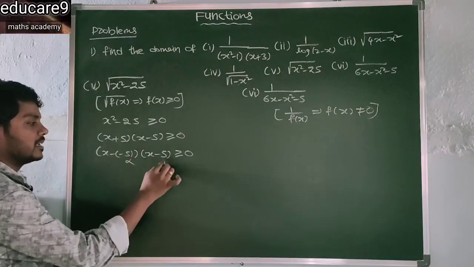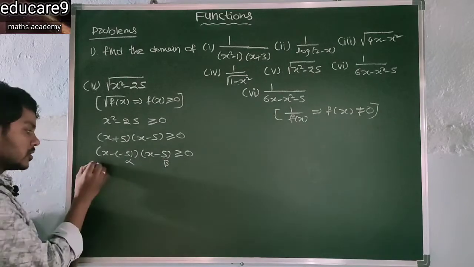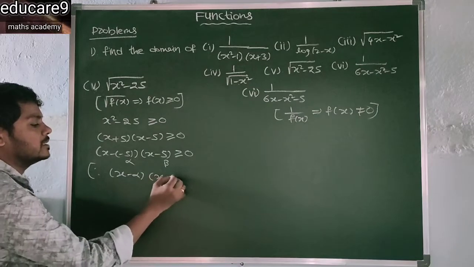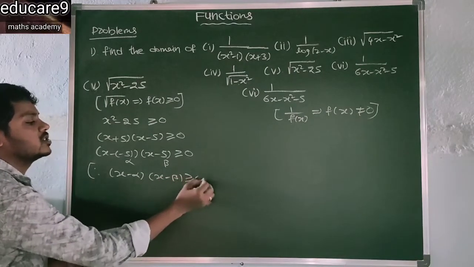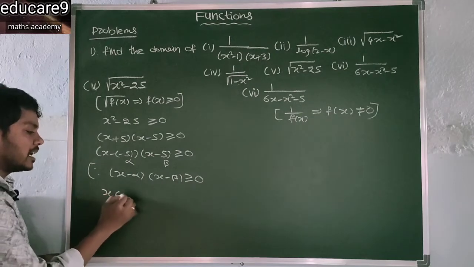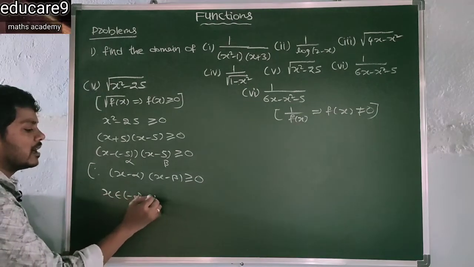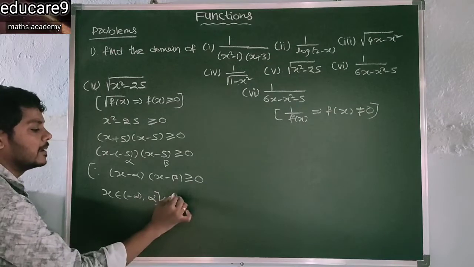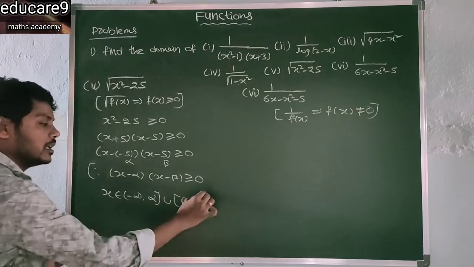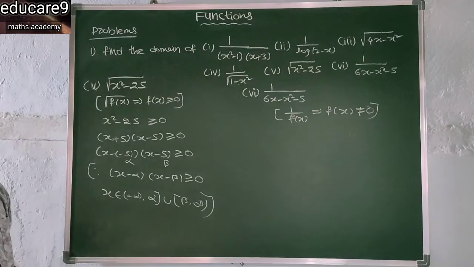This is alpha and this is beta. So you know that if x minus alpha into x minus beta is greater than or equal to 0, then x belongs to minus infinity comma alpha closed union beta comma infinity. So these are the x values.